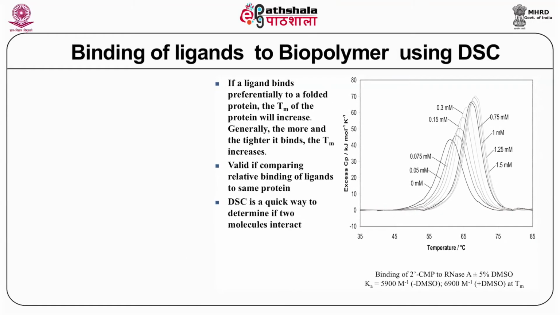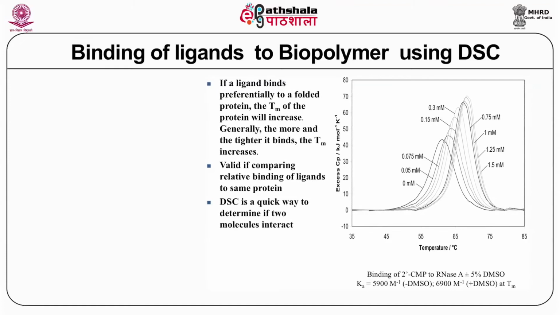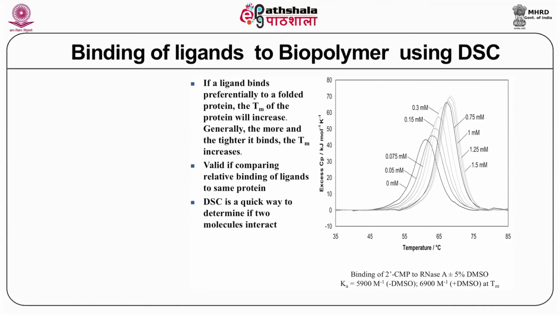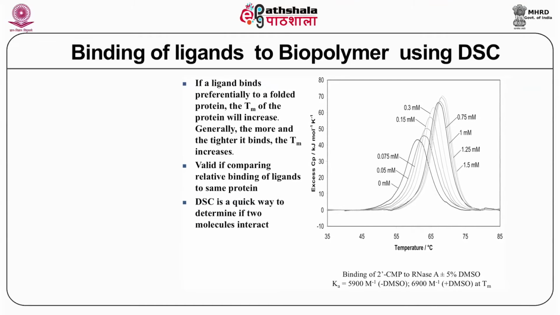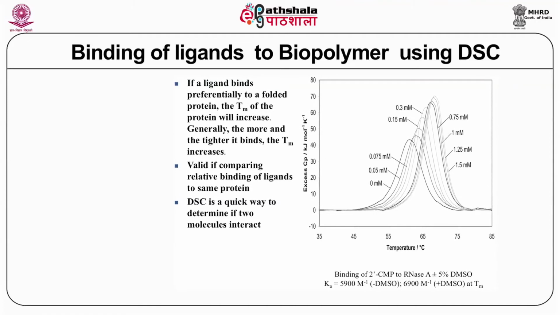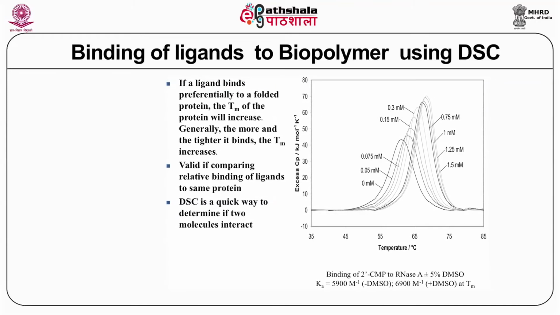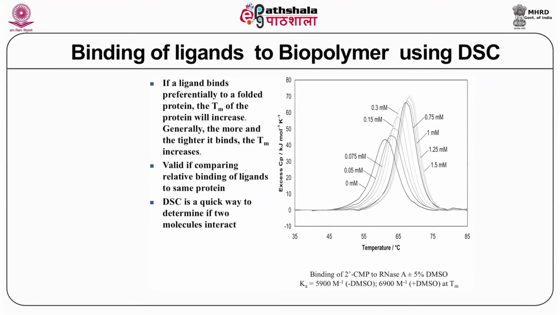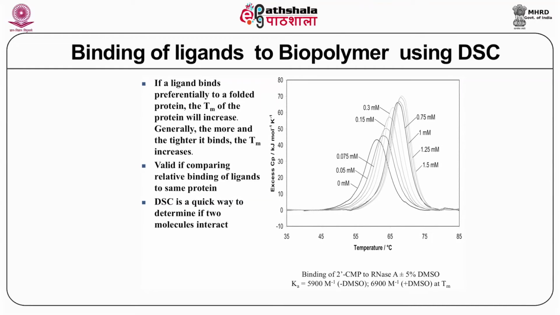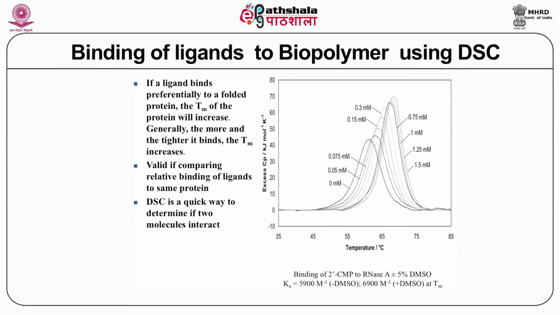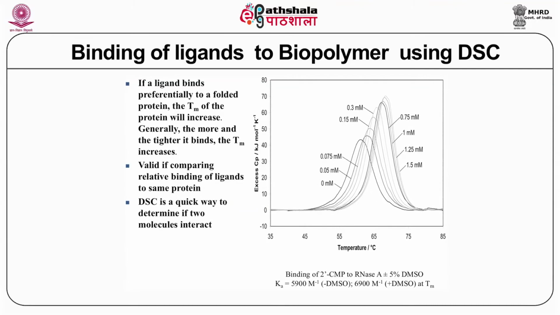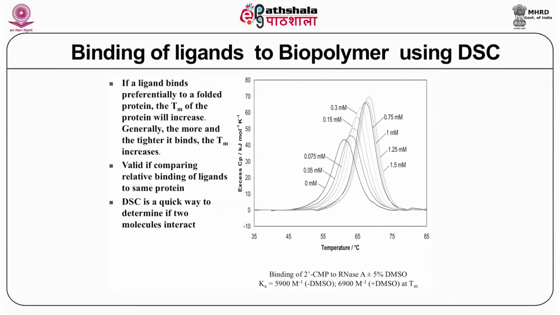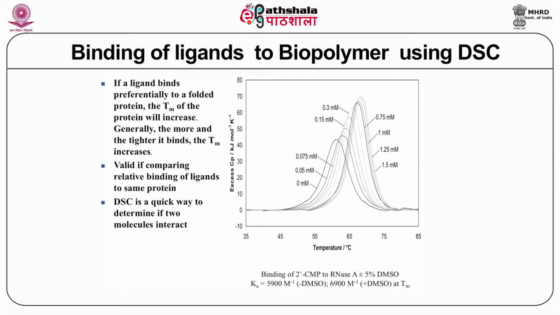Binding of ligands to a biopolymer can also be studied using DSC. Here we show an example of the protein RNase, ribonuclease, in the presence of 5% DMSO, dimethyl sulfoxide. If such a concentration is changed, then you have different profiles. If a ligand binds preferentially to the folded protein, the Tm of the protein will increase. Generally, the more and the tighter the binding, meaning the number of molecules that bind to the protein is high and the strength with which they bind is also high, the more the Tm increases.